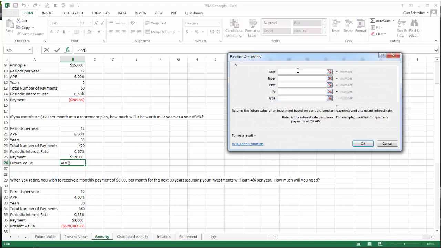Click on FV or type in FV, and our rate is going to be the 0.67% per month. Total number of periods is equal to 420. Our payment is going to be $120 monthly. And so you can see that the answer is showing up here.